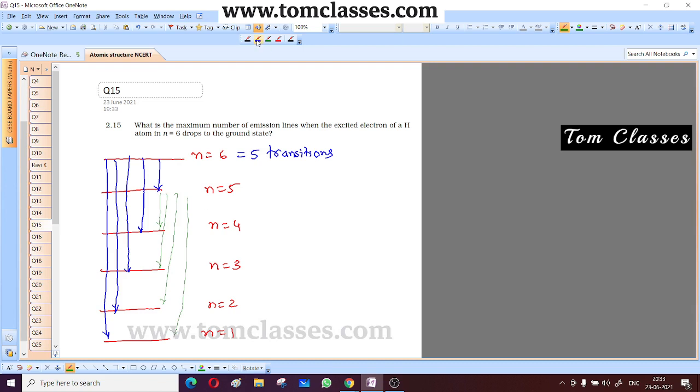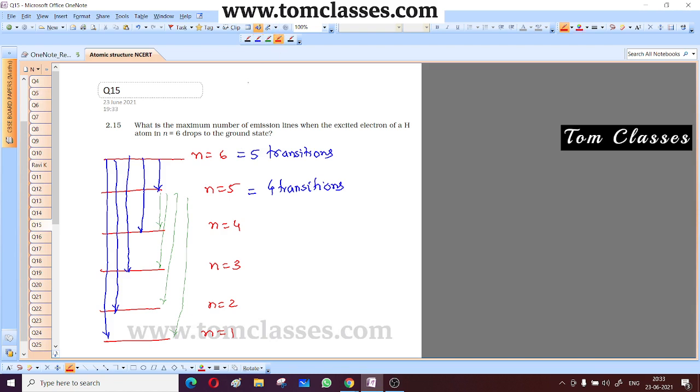So with this, there are 4 transitions possible, right? If the electron has come to 5, further it can lose energy, it can come to the 4th orbit, 3rd, 2 and 1. Is that okay?